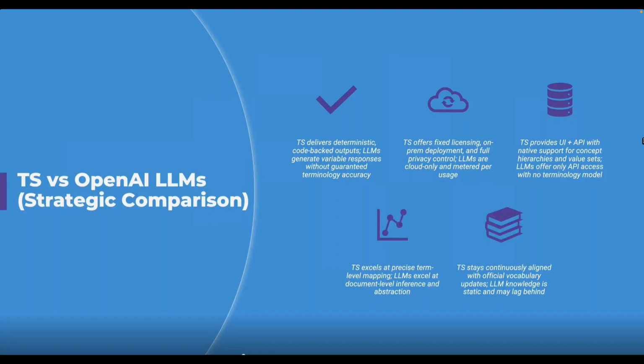Let's now talk about terminology servers versus the OpenAI LLMs. The terminology server delivers deterministic code-backed outputs, whereas LLMs generate variable responses without guaranteed terminology accuracy. This is one of the biggest philosophical differences between these two approaches.